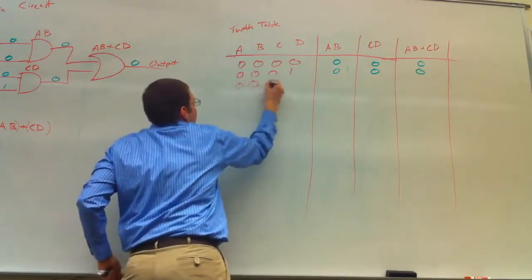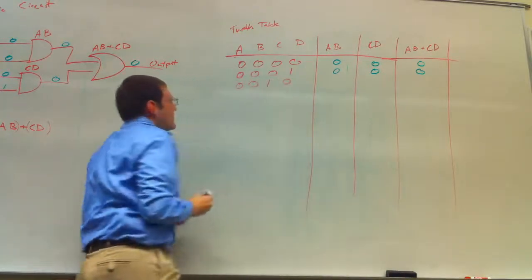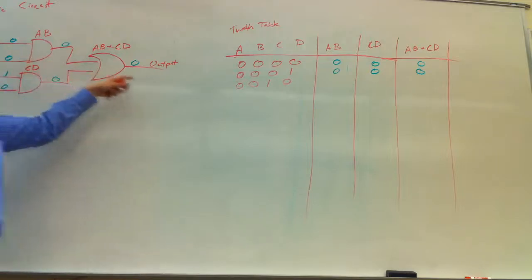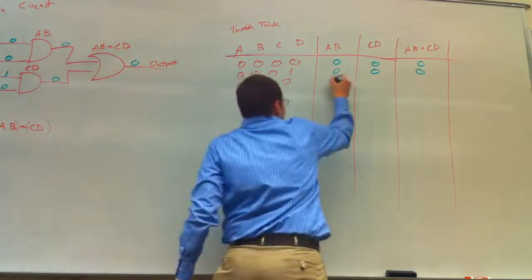I'll do two more of these. Now C is 0 and D is 0. Hopefully you can tell these didn't change. 1 AND 1 is still 0, so everything's still 0.